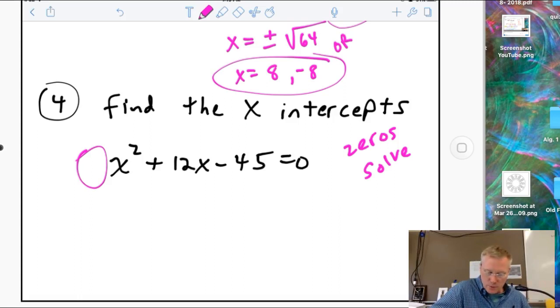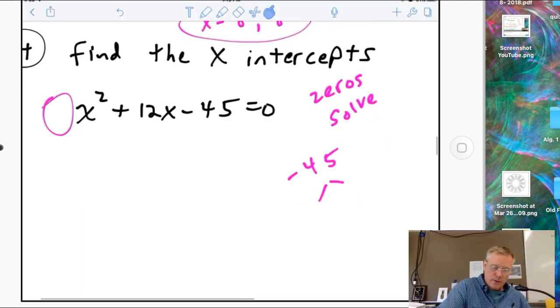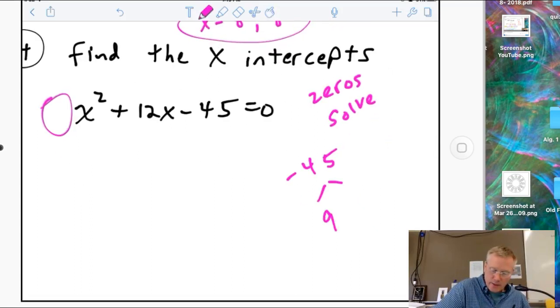Now, negative 45 is really not a big number to work with. There's only a handful of things that multiply to 45, you know, 9 and 5, 15 and 3, and 45 and 1, that might be it. I'm not sure I'm missing any.